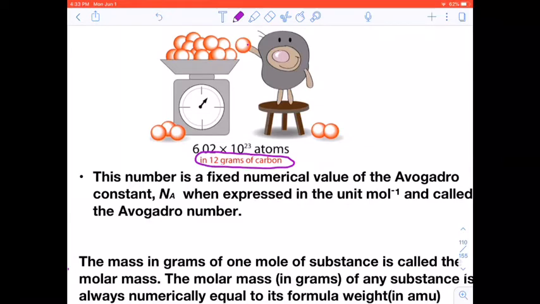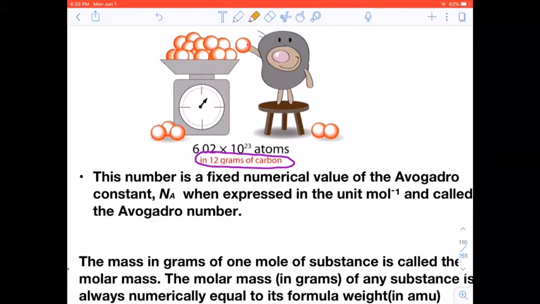So in order to know what mass we need to get 6.02 times 10 to the 23 elementary entities, we need to know the molar mass of the various substances. Okay, we'll get to that.